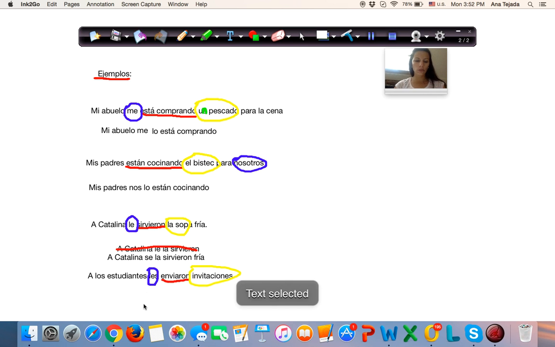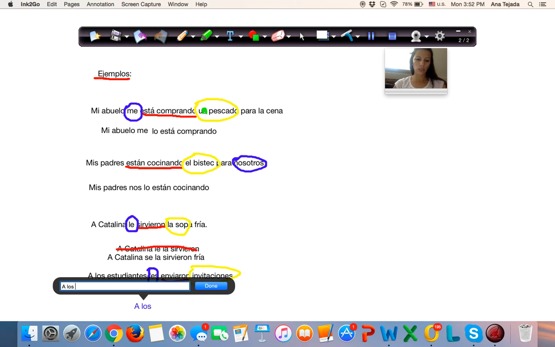Which turns to a los estudiantes. Again, we are left with les invitaciones. Plural o singular? Plural, muy bien. Las invitaciones. You don't have an article to know, but you can look the word up online. Las invitaciones. It's going to be feminine.